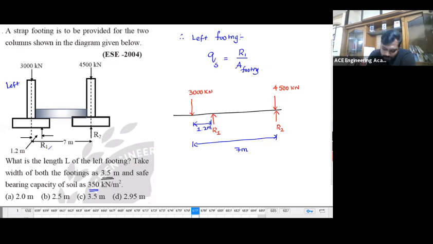If I take moment about this point, let's take this as point C. If I take moment about point C, see these types of questions. When they give loads, moment, something like that, you know, take moment about points.